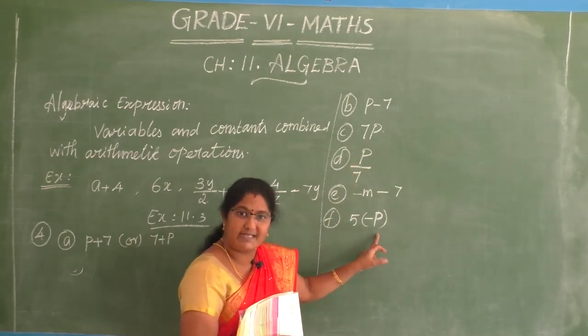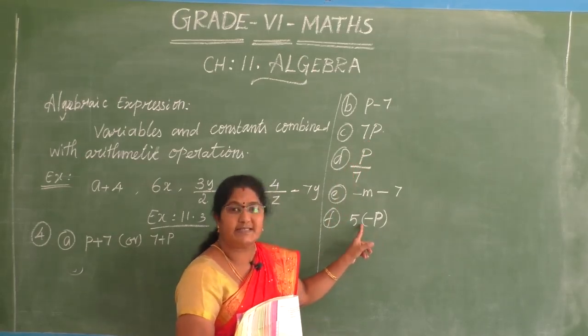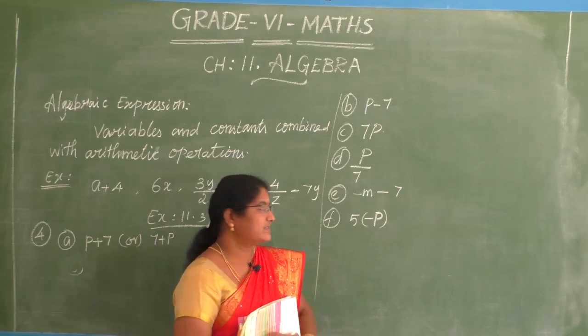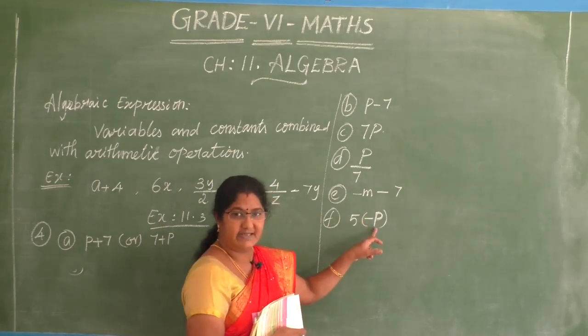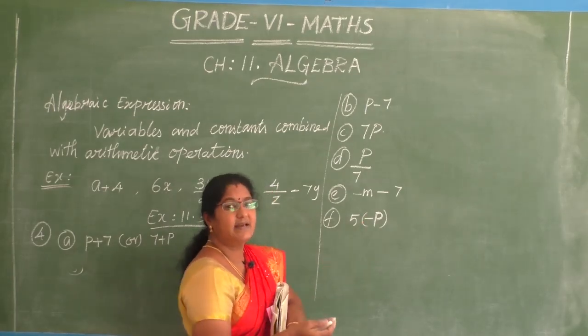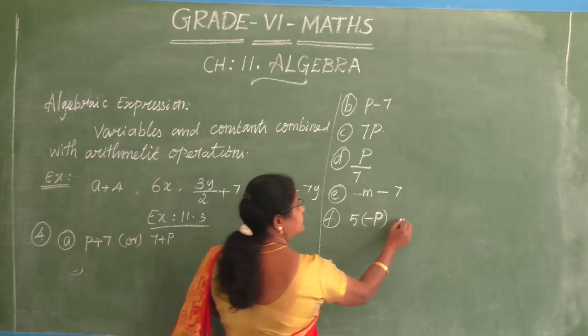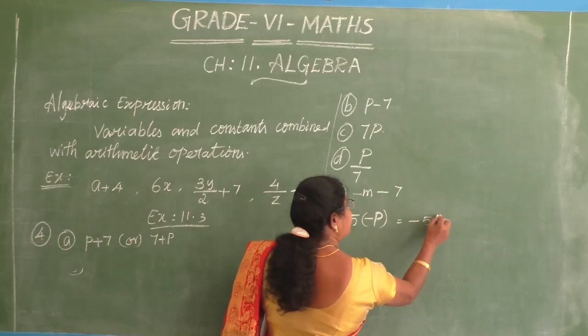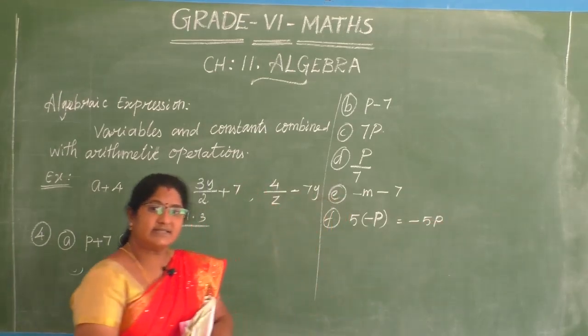If you do not put a sign here without a bracket, it is considered as 5 minus p. So it is wrong. So 5 into p we write in a bracket. Then for this you can write multiplication, the sign comes in front, minus 5p. Understand how to write?